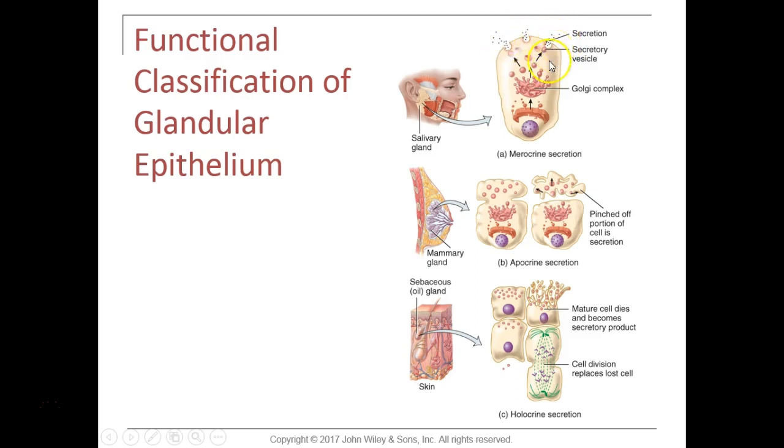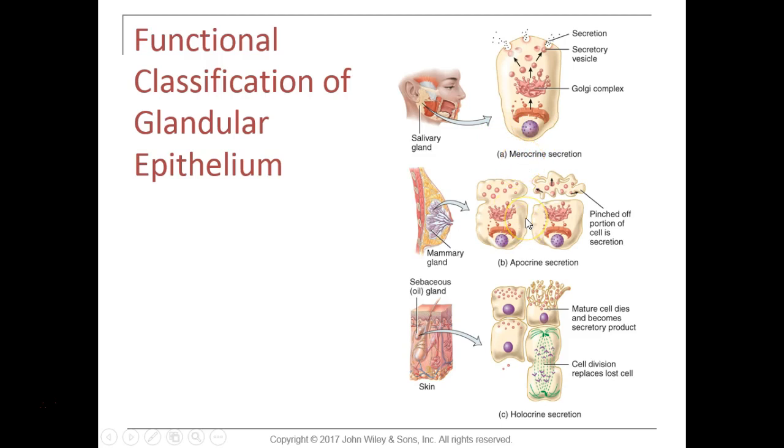So endocrine glands in the body secrete their product in this fashion. All endocrine glands secrete their product in this fashion for what we call water-soluble hormones. We'll cover that later. But nonetheless, salivary glands, sweat glands, and the like secrete their product via merocrine secretion.